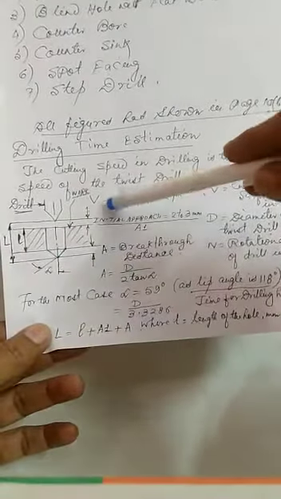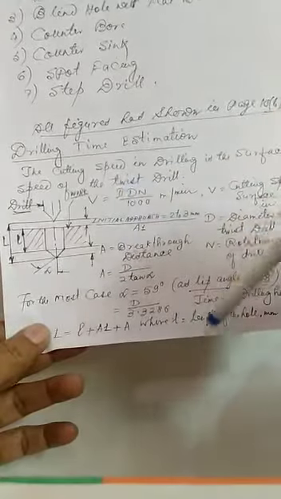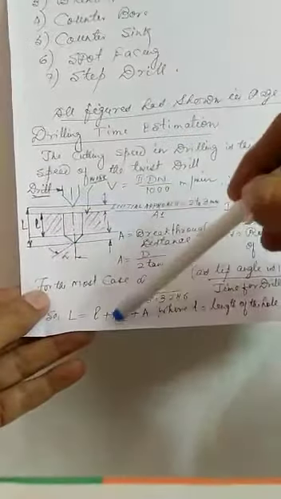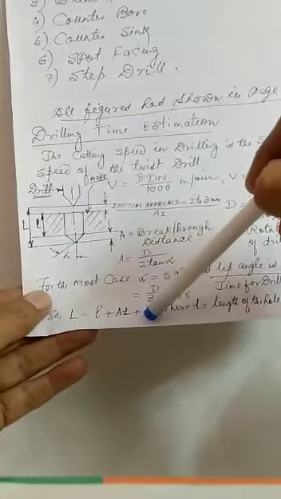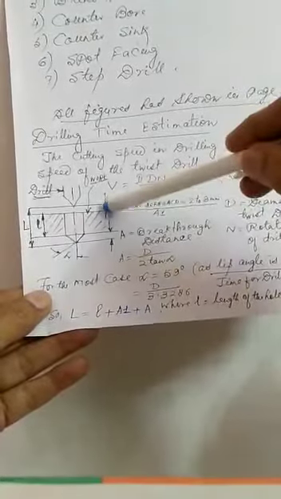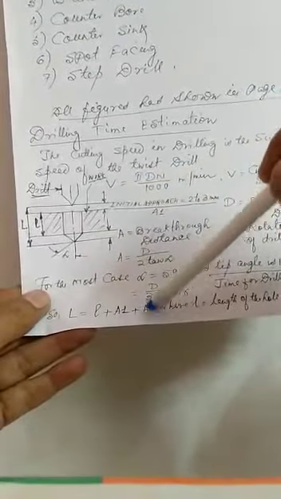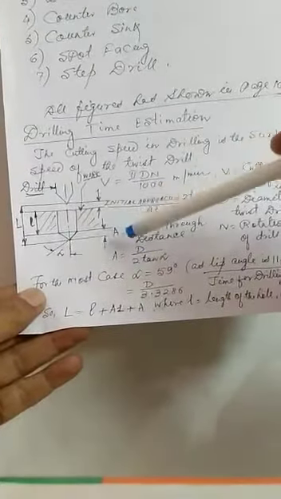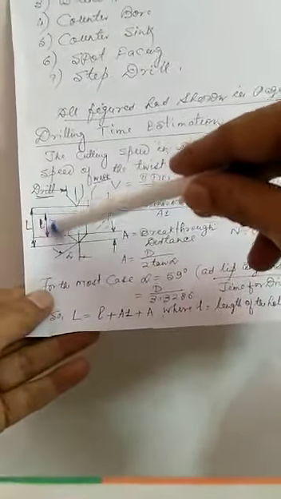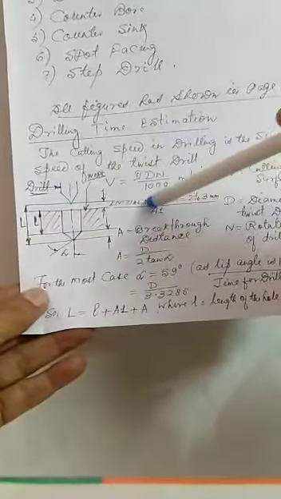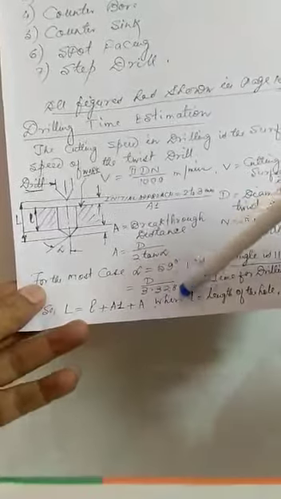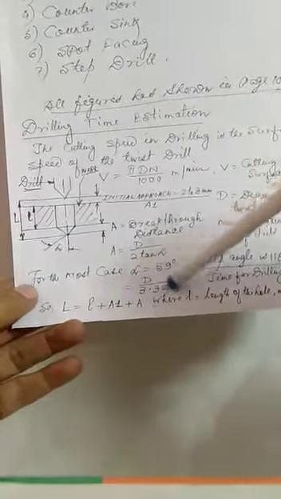Now we are calculating the total length of the job, L. L is equal to small l plus A1 plus A. A1 means the initial approach, and A is the breakthrough distance. So small l is the length of the hole, A1 is the initial approach, taken as 2 to 3 millimeter.